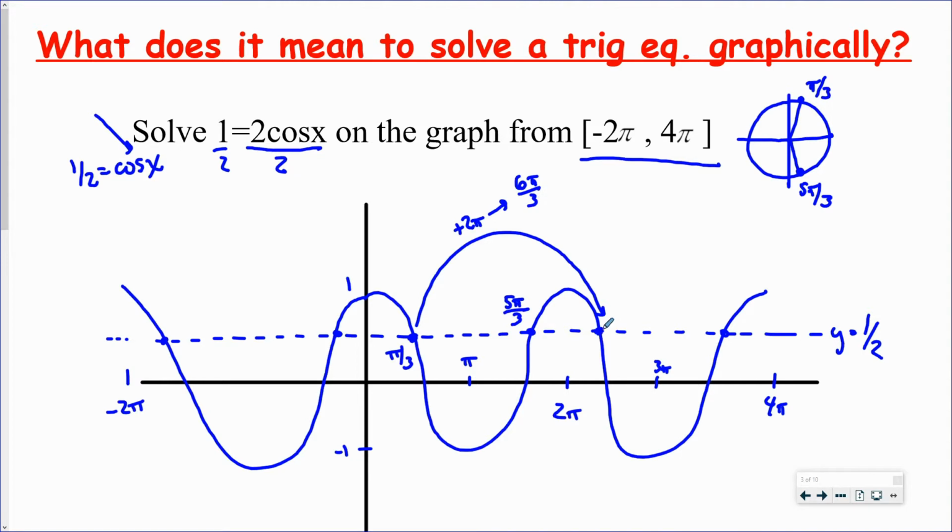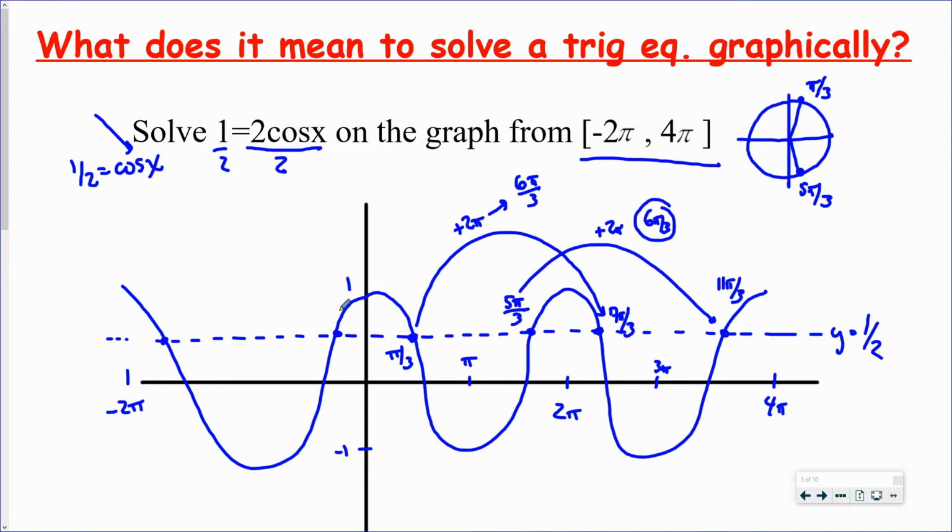Then it stands to reason that this point here must be 7 pi over 3. What about this one? Because that's going to be that one over here. Well, again, add 2 pi to it. So that's going to be 6 pi over 3 that we're adding on. So we're going to get 11 pi over 3.